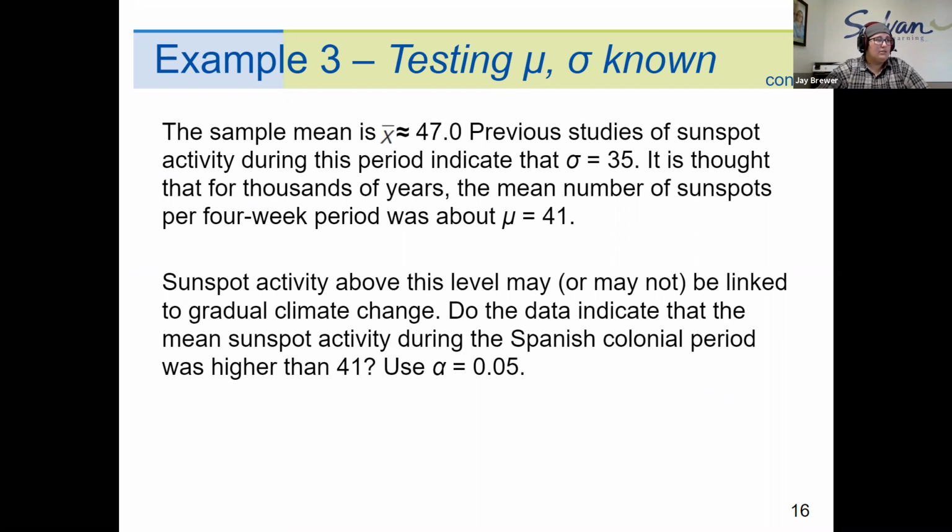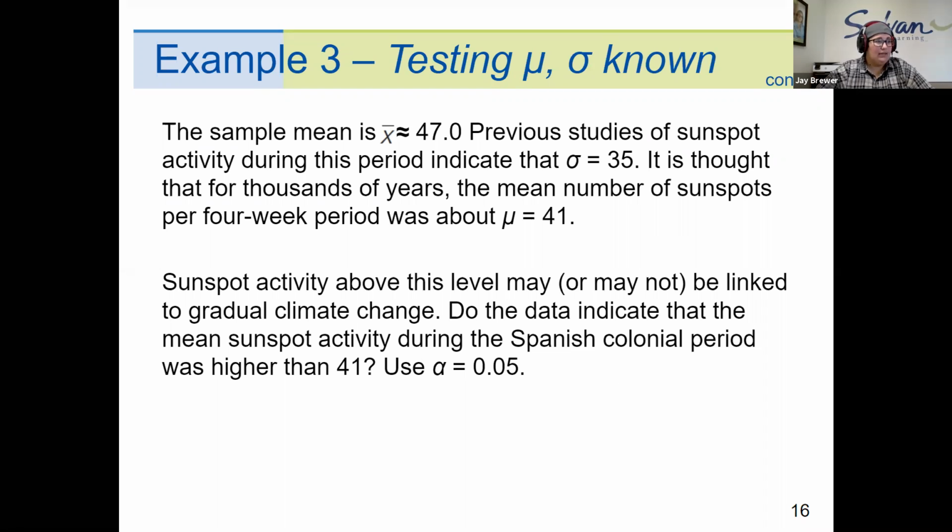Previous studies of sunspot activity during this period indicate a sigma of 35. It is thought that for thousands of years, the mean number of sunspots per 4-week period was about 41. There's your mean, so that's what you're going to use for your null hypothesis and your alternate. Sunspot activity above this level may or may not be linked to gradual climate change.